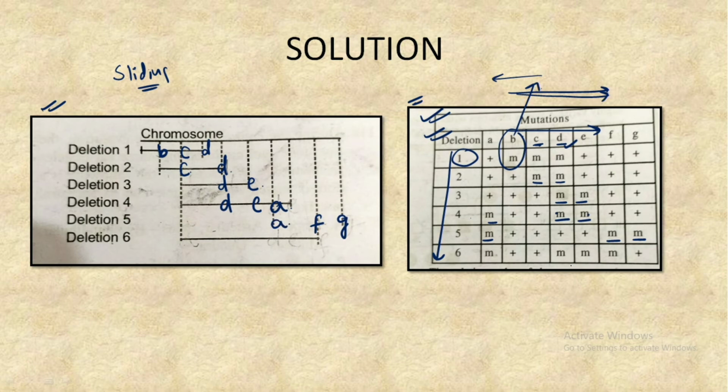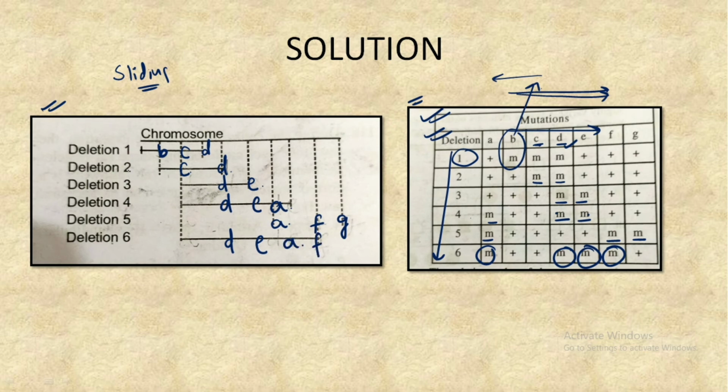And the last deletion is present in C, D, F and A. Just write down the order of all of them underneath. So we have D, write D in the same position, then E in the same position, then F and then A. So this is the order.